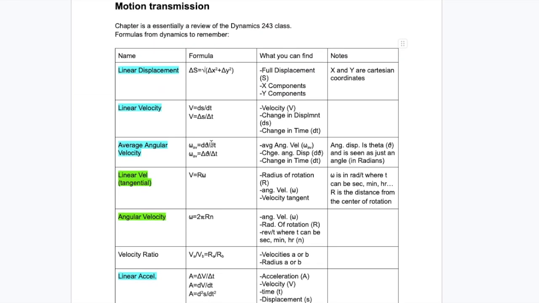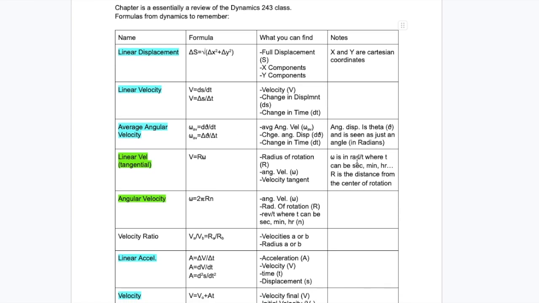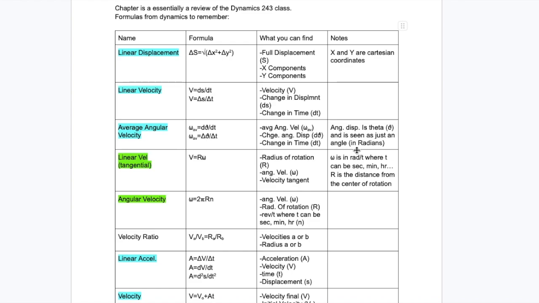There's a few points to note as I've marked on this column for the notes column. Remember, this symbol is theta. That's the angular displacement. So when you see theta, you're thinking angular displacement. Okay. This is the movement. It's essentially the angle. It's the angle of your two pieces from one to another, right? The movement in a rotation.